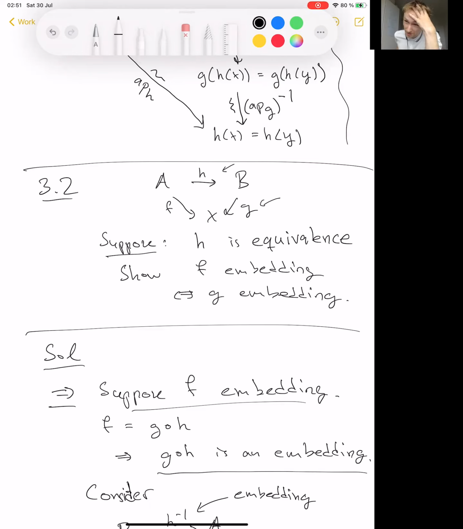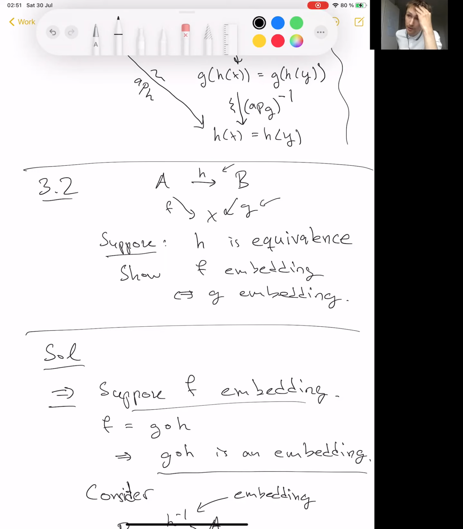Probably not on the spot. Let me just think one second. H is an embedding. This is an embedding.